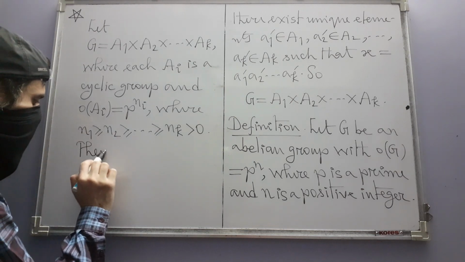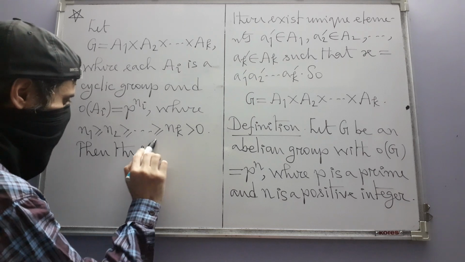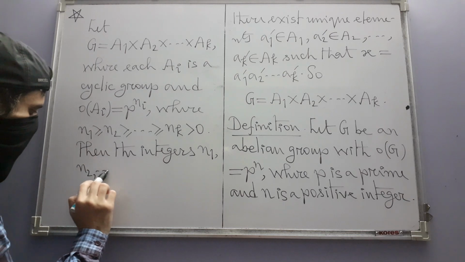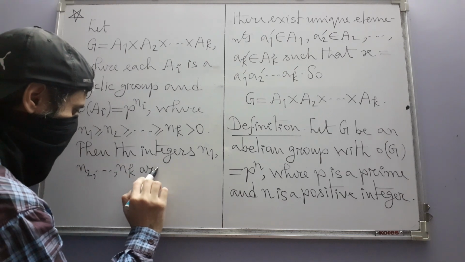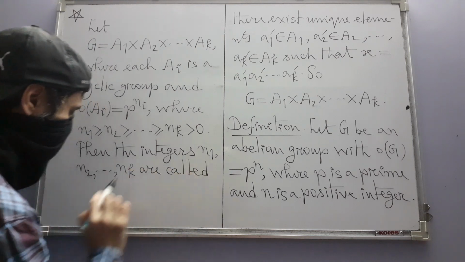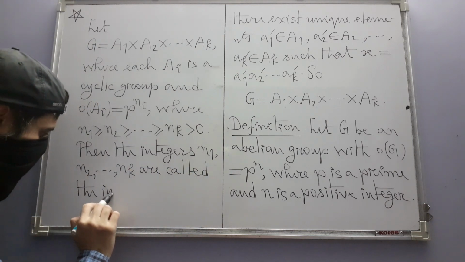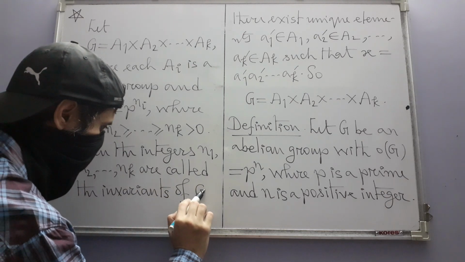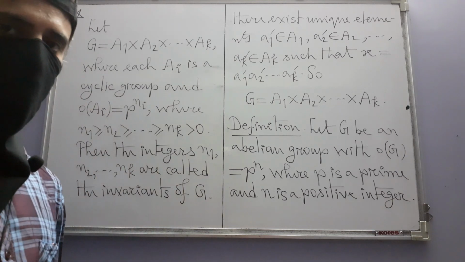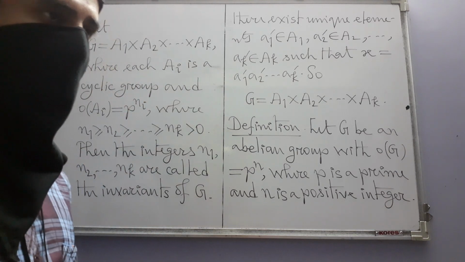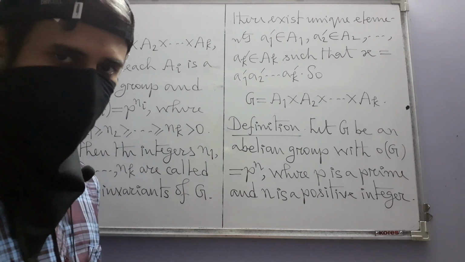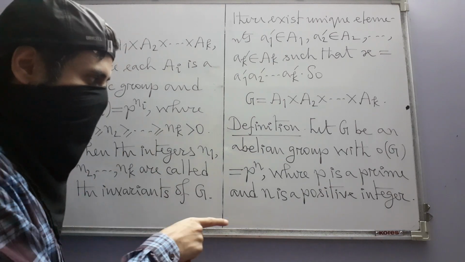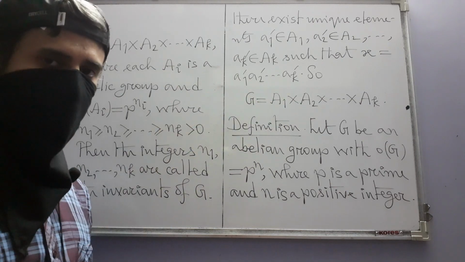Then the integers n1, n2 and so on, nk, are called the invariants of G. Now, just because we are calling these things the invariants of G does not automatically mean that they are the invariants of G. They exist, we already know from the previous result.